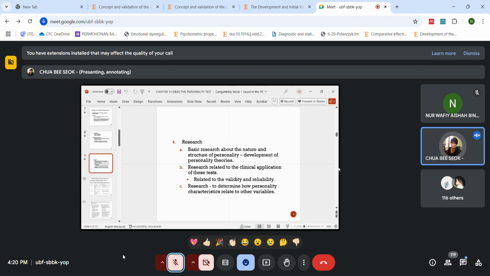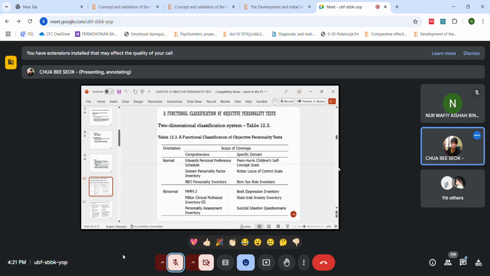Of course, in research also, they do a lot of psychometric study about the personality test, the personality inventory. So when they want to use the inventory to measure something, they will do psychometric study first, yeah, before they can use that personality test. All right, so that is the use of objective personality test in clinical setting, in personnel, in counseling, or in research, right?